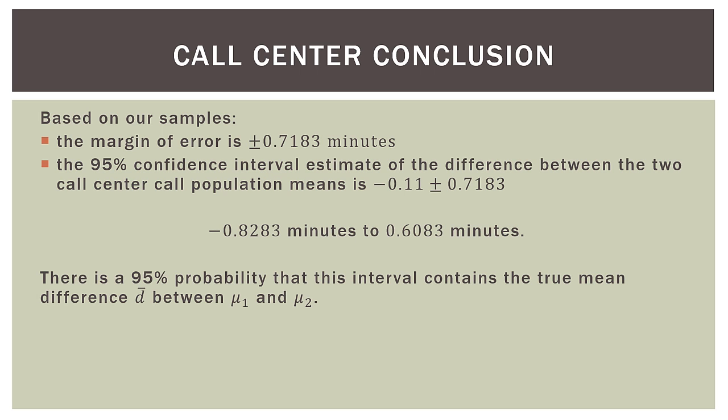So there's a 95% probability that this interval contains the true mean difference between the two call centers. Remember, that's how we interpret a confidence interval. There's a 95% probability that this interval up there above, negative 0.8283 minutes to 0.6083 minutes, contains the true mean difference between the two call centers.